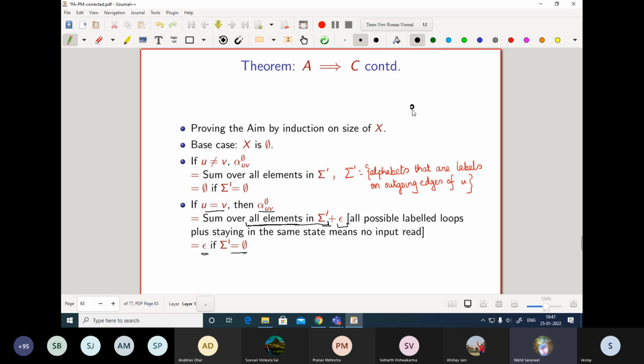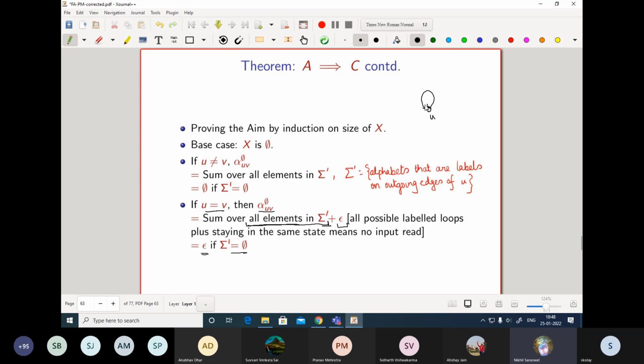So it is possible that you have all these edges going outside which are labeled. You could have a labeled loop, etc. And plus you also, in this sum over this sigma dash, is just all these. Since U is equal to V, it will just be some labeled loops.